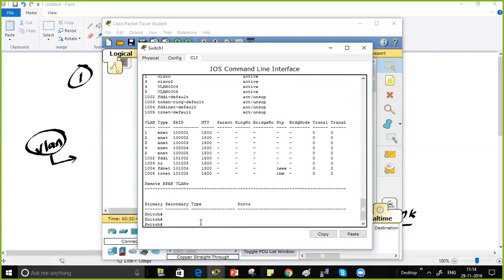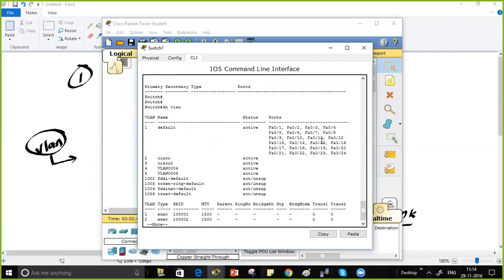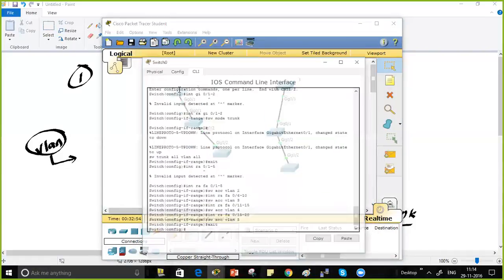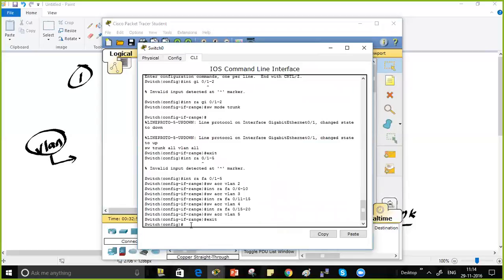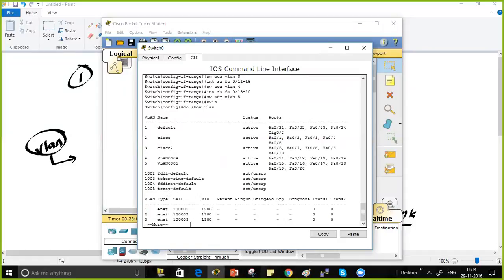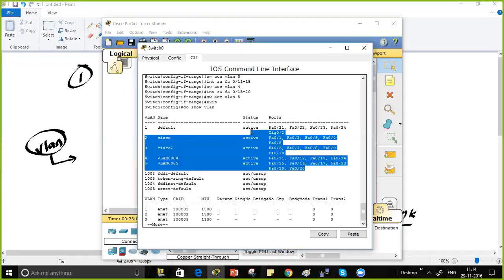It must be reflected in this switch, right? But it doesn't. If you look at the server switch, how will you check VLANs? Do show VLAN. Now it is showing these interfaces also, right?